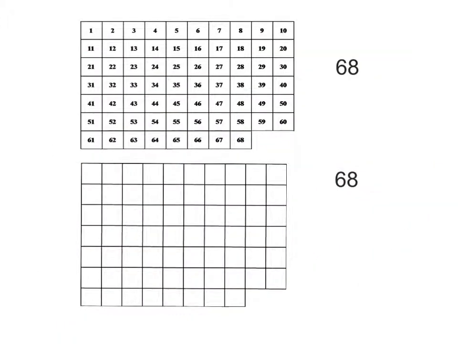Let's do one more example. We're going to do 68 divided by 3. In our hundreds chart method, we highlight the groups of 3. And so on.